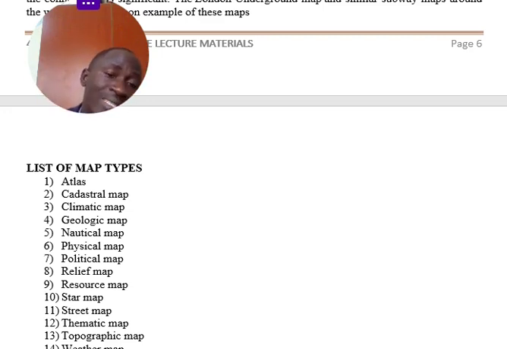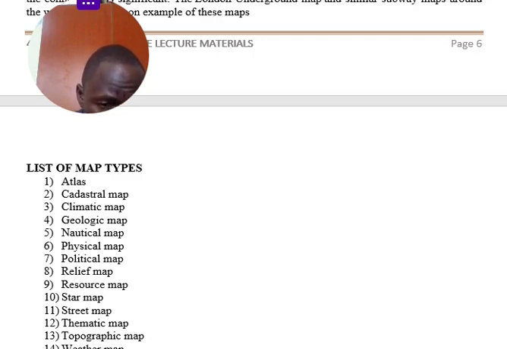The atlas encompasses very many things. Then the caldera maps try to show the relief areas in terms of calderas. Then climate maps, those are the temperatures. Geological maps I mentioned. Numerical maps, those I have not mentioned.